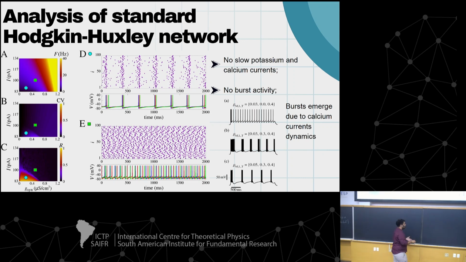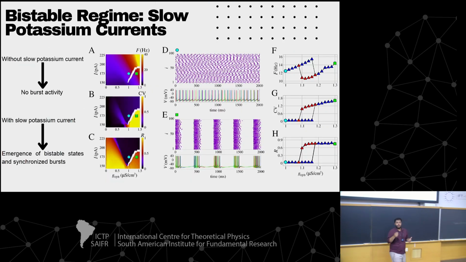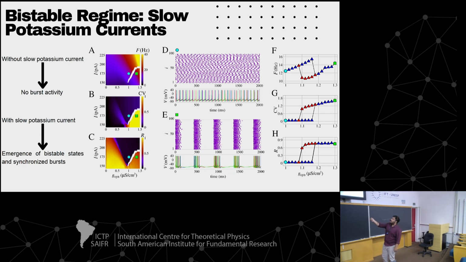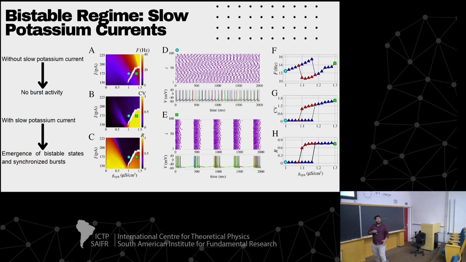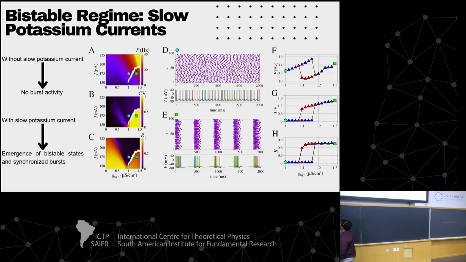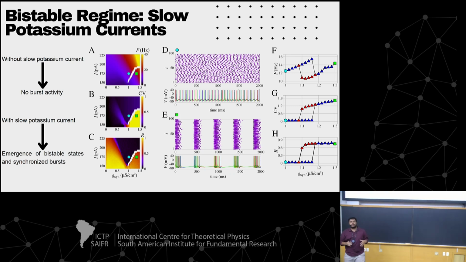But we have observed that no, to get those bistable regimes and also those types of burst synchronization in a network, calcium is not necessary. The minimal current necessary is the slow potassium current, related to the slow dynamics of some potassium channels.